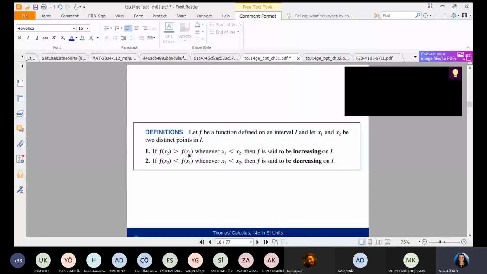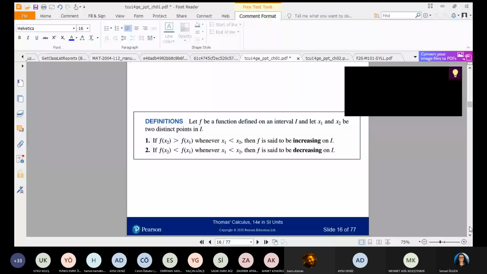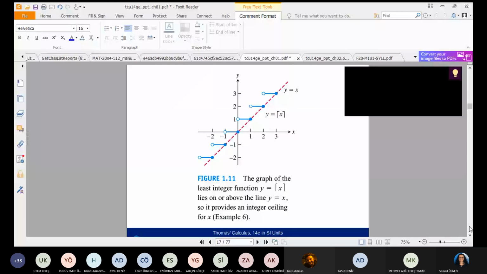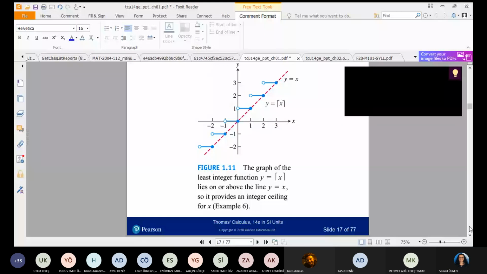Let me see whether we have examples on that. Let me see a nicer example here.